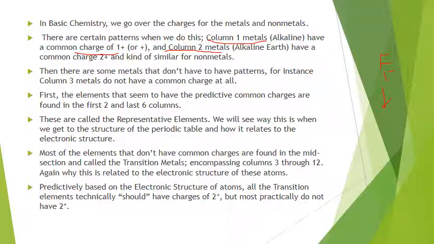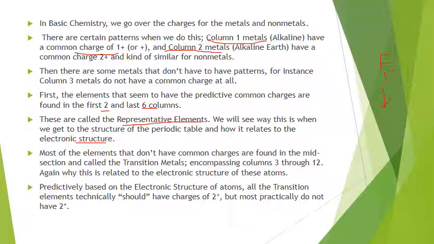Those elements start getting common charges. The elements that have predictable common charges are found in the first 2 and last 6 columns. These are called the representative elements, and this has to do with their electronic structure and how it relates to the periodic table.